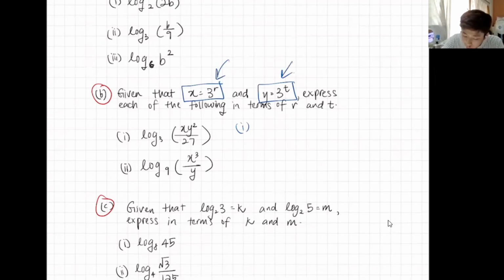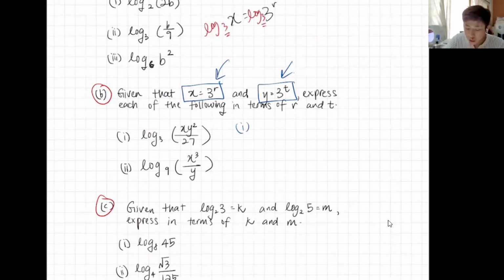When I have x equals 3 to the power of r, what I can do is take log base 3 on both sides. Let me rewrite it. You can write this down again. x equals 3 to the power of r. I take log base 3 on the left and the right. Make sure it's the same base.